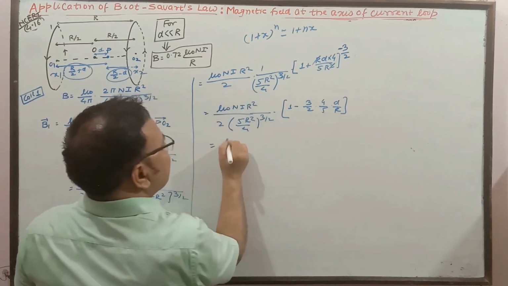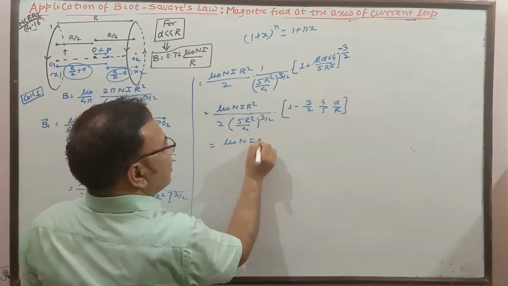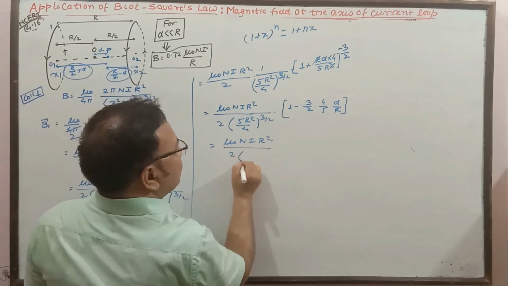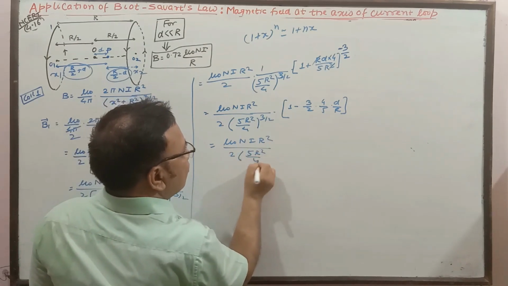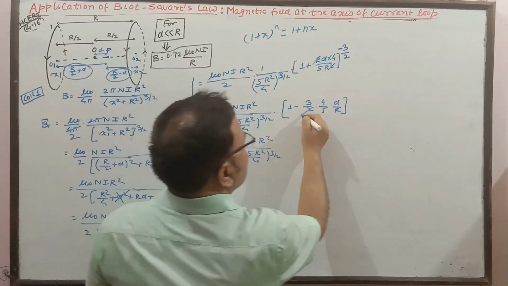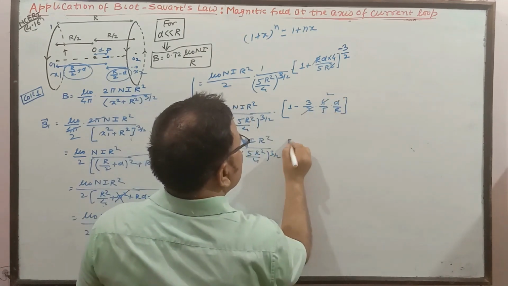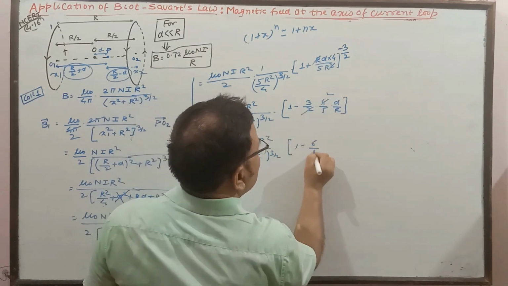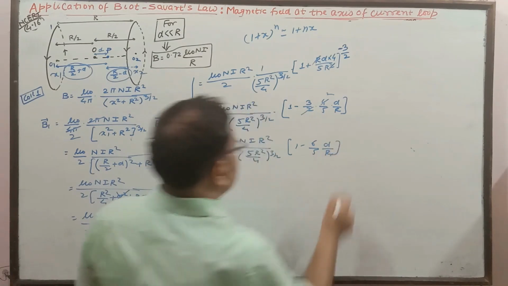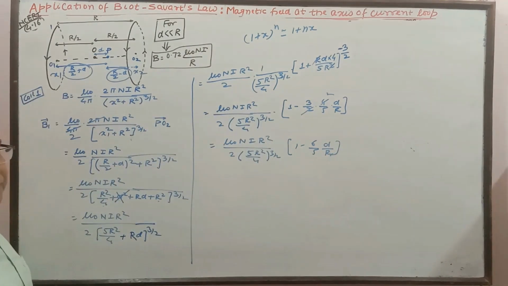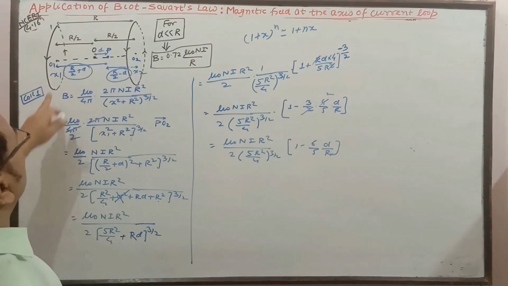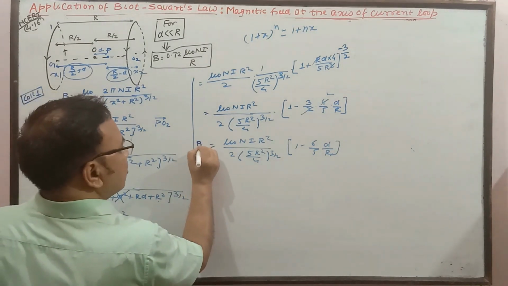That is what we have. So mu naught n I r square divided by 2, 5 r square by 4 whole 3 by 2. This 2 to 4, so this is 1 minus 6 by 5 d by r. This was for the first coil, B1.